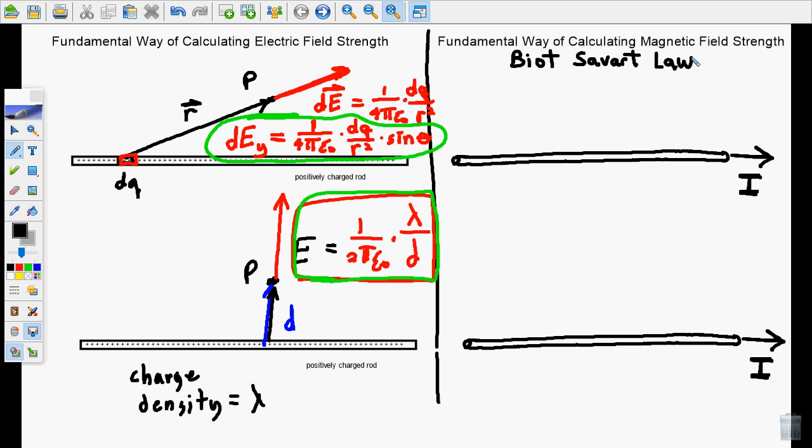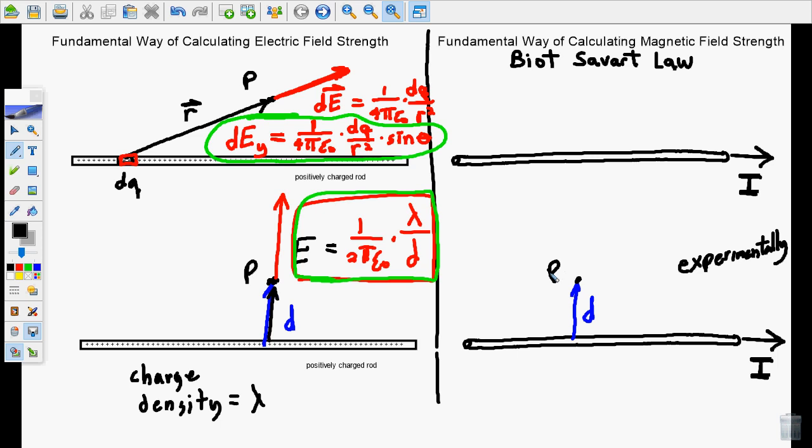Now, experimentally, it was found that if you had a current carrying conductor and you came a distance d above this wire right here, at that particular point, point P, there was an invisible magnetic field around the current carrying conductor.